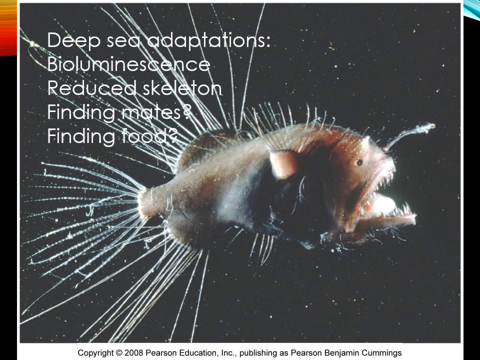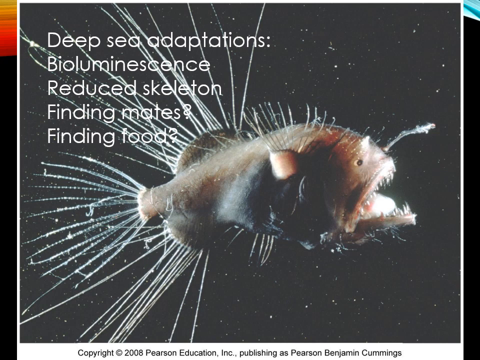The deep sea adaptations include things like bioluminescence. So if there's no light, you produce your own. This might be to help you identify others of your species, maybe to find a mate. Or it could be, in the case of this fish, a bioluminescent lure that it's basically using as a fishing rod to lure in prey.